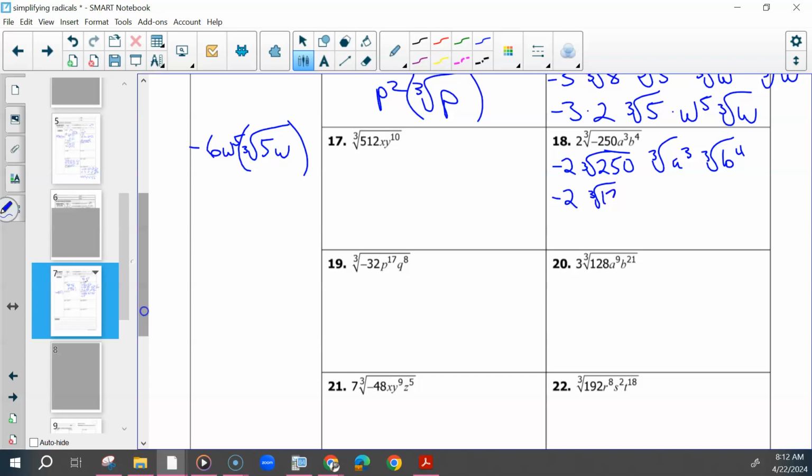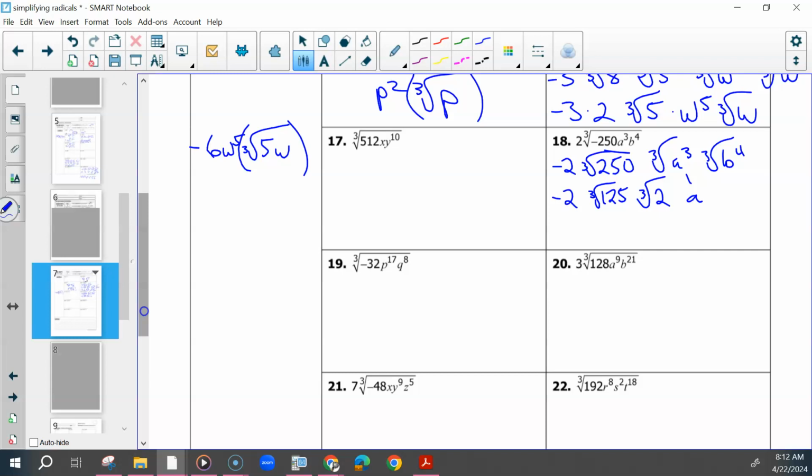And 125 times what would give us 250? 2. 3 goes into 3 once, so that would be a perfect cube term. 3 goes into 4, how many times? Once, and there'll be 1 left over.